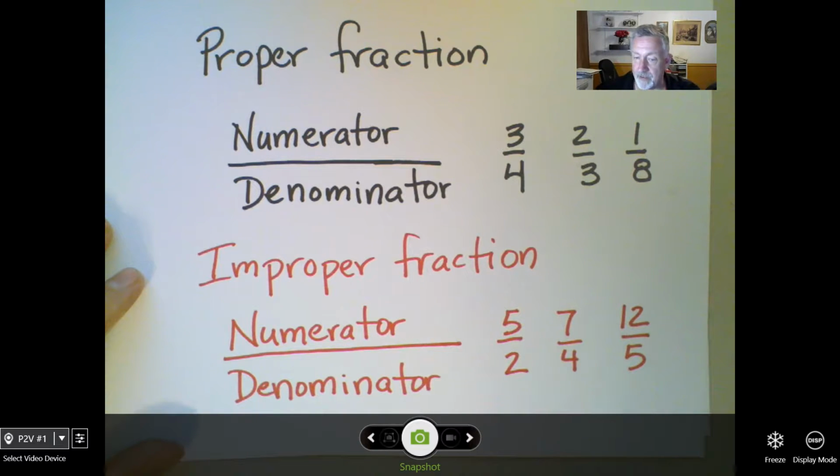Think about it like pizza. Can you have 5 halves of pizza? Well, you can, but in order to have 5 halves, you have to have more than 1 whole pizza. So in an improper fraction, the numerator is telling you there is more than 1 whole involved.